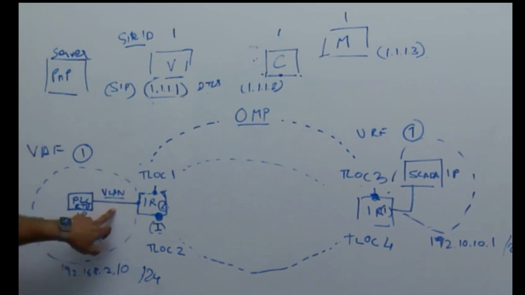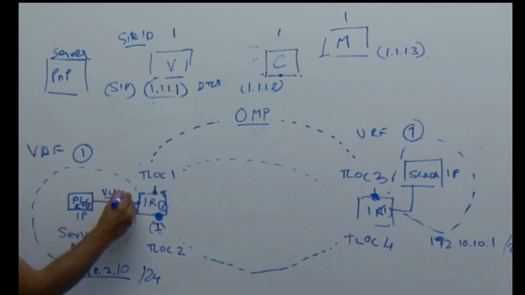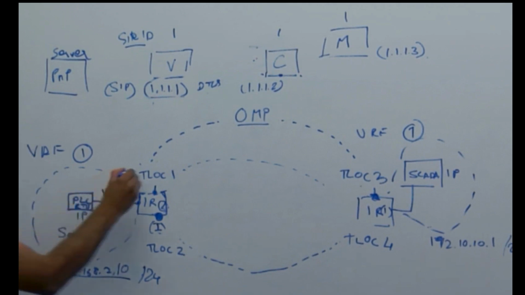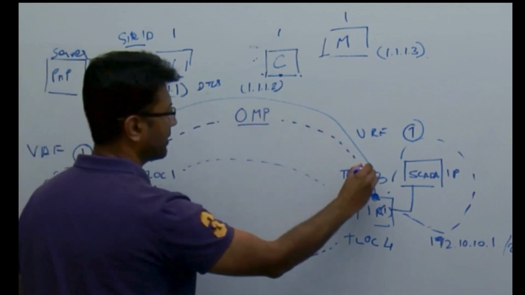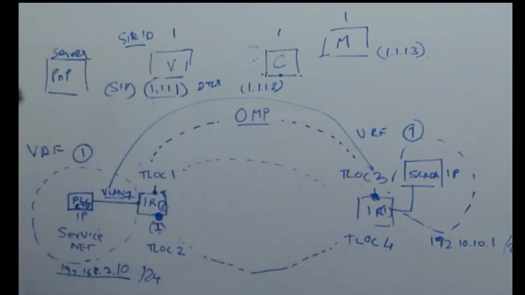So the PLC is connected to a specific VLAN, and that VLAN is part of our VRF. So now we're going to take this network, which is assigned to this VLAN 1, let's say, and we're going to advertise this over OMP, right? So OMP is going to take that and advertise that network.